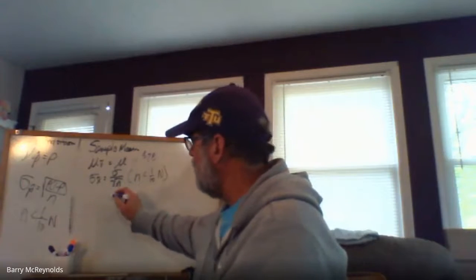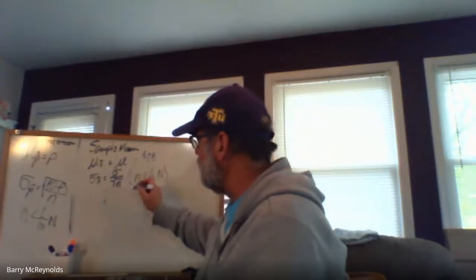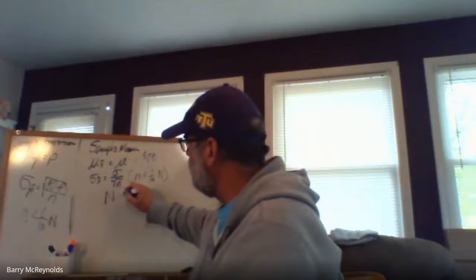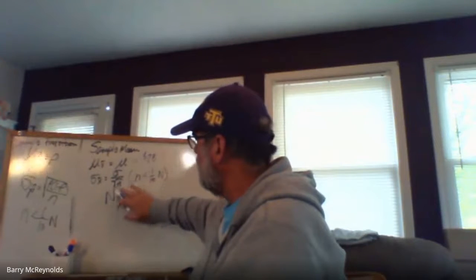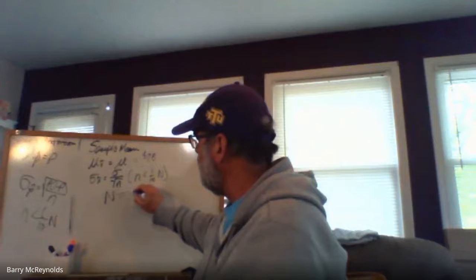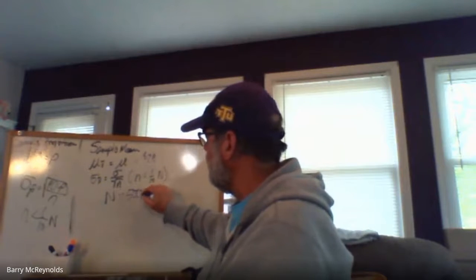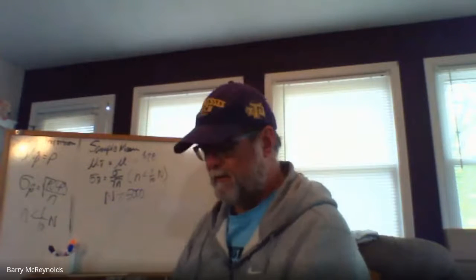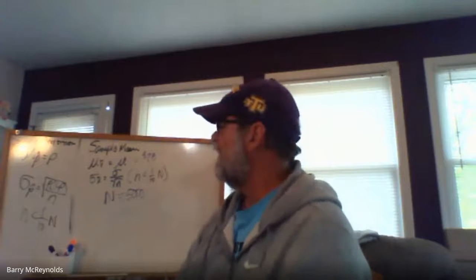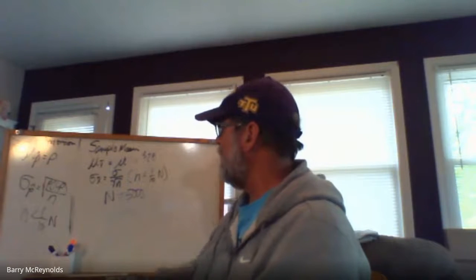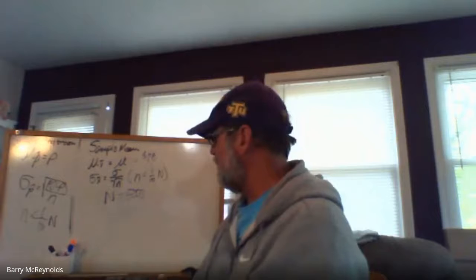So we're going to say that it is safe to assume that N is greater than 5,000. In other words, our population is greater than 5,000. And so we can go ahead and make this calculation.